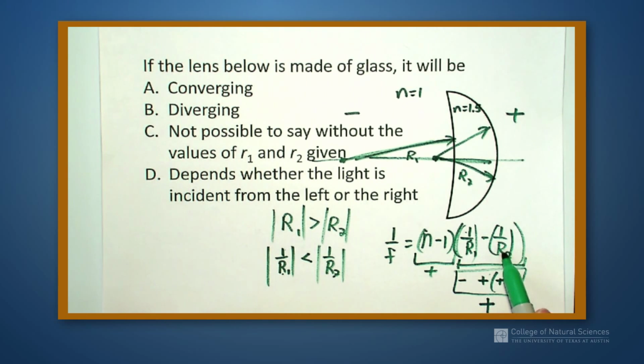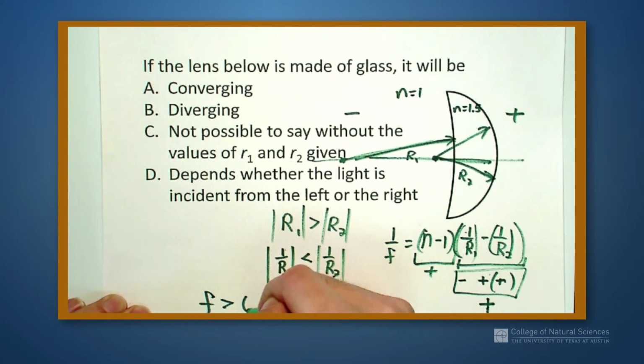Minus 1 over R2 is going to dominate this term over the minus 1 over R1, or the negative radius of curvature, 1 over the radius of curvature. So what that means is that this focal length has a positive value. 1 over the focal length is positive, the focal length is going to be positive. Long story short, the focal length is greater than 0.